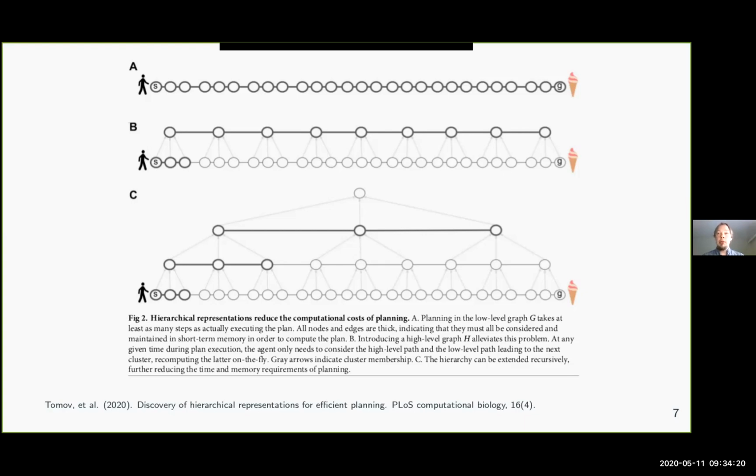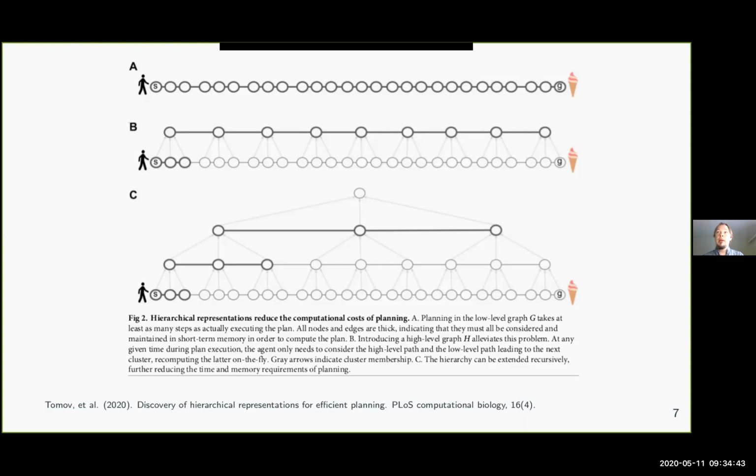This is computationally more feasible, not only in terms of memory requirements, but also in terms of speed that it takes to plan through this hierarchical graph versus the flat graph. An important question for cognitive science and also for machine learning is the discovery of these hierarchies.